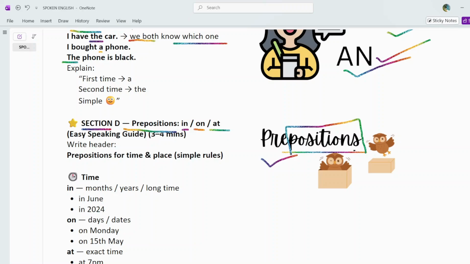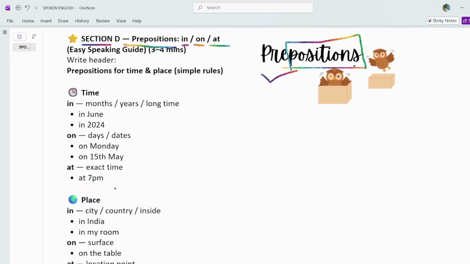And they are used for time and place as well. For example, let's look at the screen. When we talk about time, if you look at in as a preposition, you use it when you're talking in terms of months, years, or long periods of time. So the example is in June or in 2024.